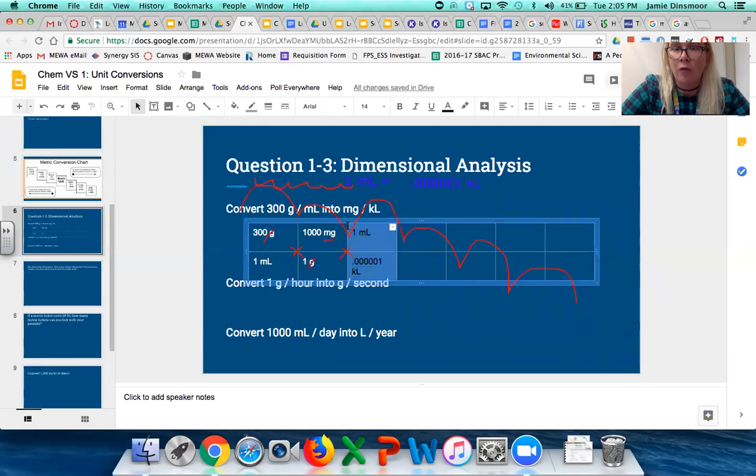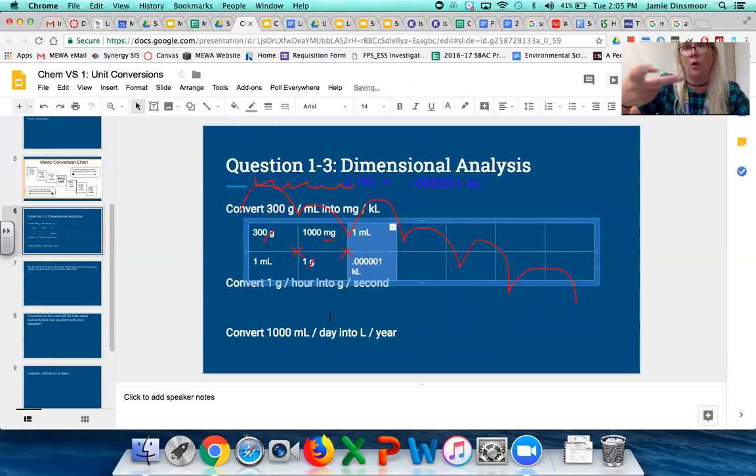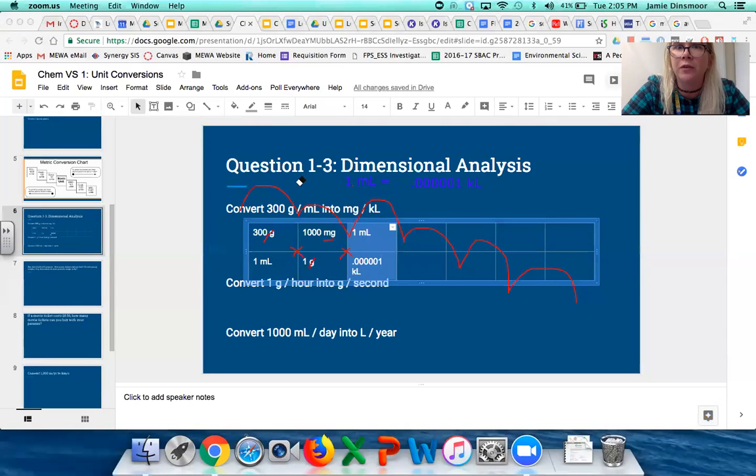Now, remember, that's an equal factor. You could always flip that around if you needed to, but in this case, that's going to work because my milliliters are going to cancel out. So let me erase some of these extra lines all over the place, which is a little confusing. There we go. So now I'm able to cancel out milliliters. I'm left with kiloliters, which is what I want.